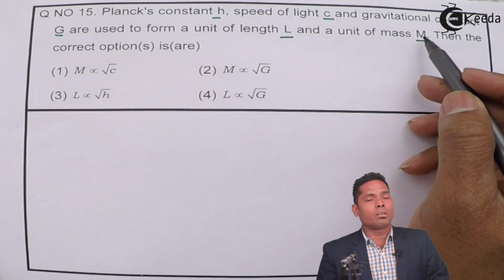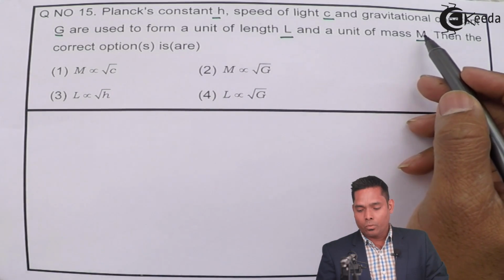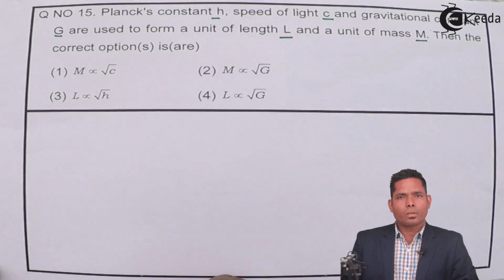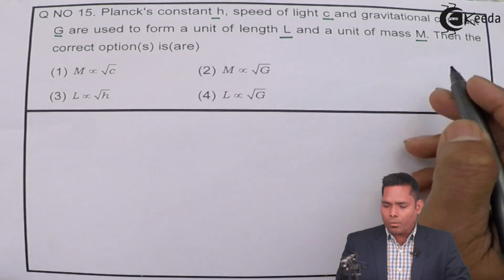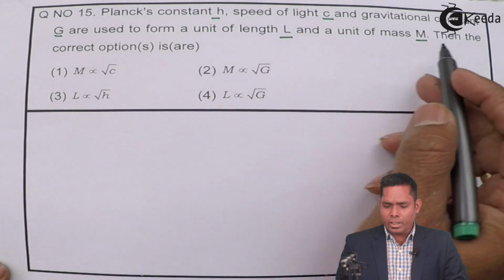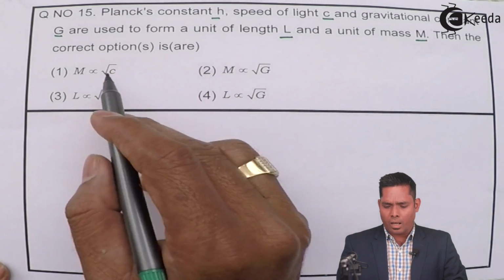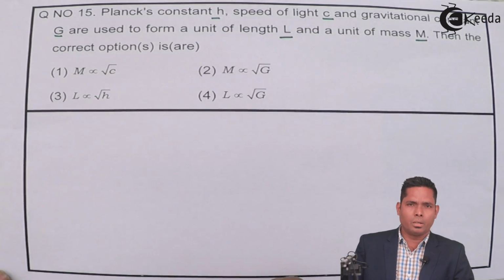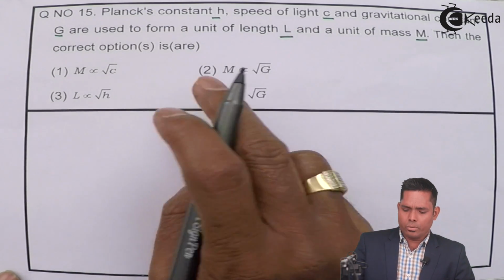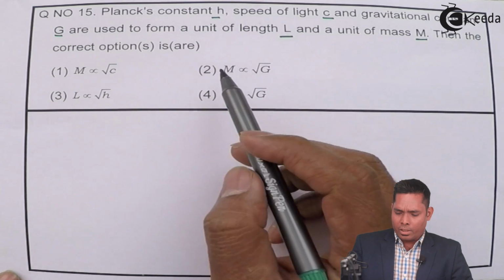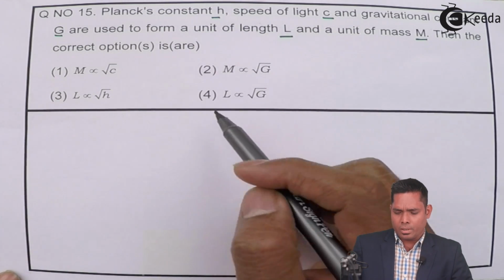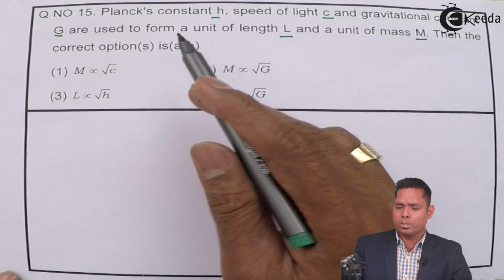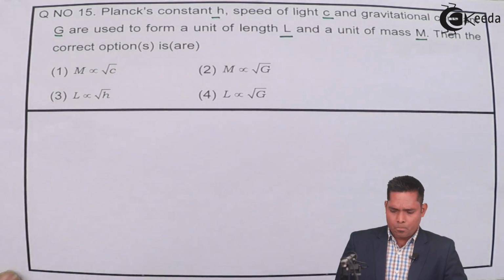Also we have to write the formula for m with respect to these three quantities. The correct options may be multiple, so we will basically find the relations between m and L. So how is L related to all these three quantities, and how is m related to these quantities.